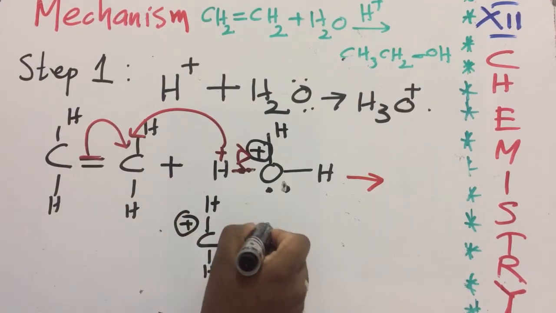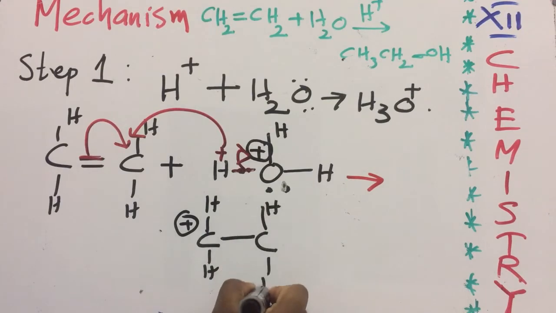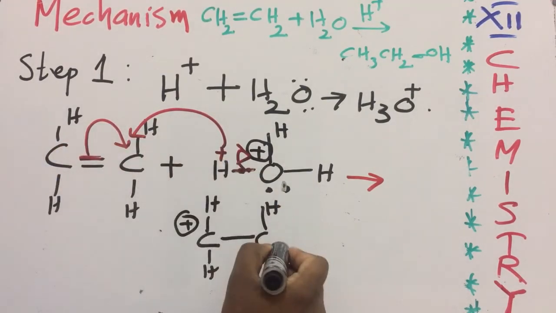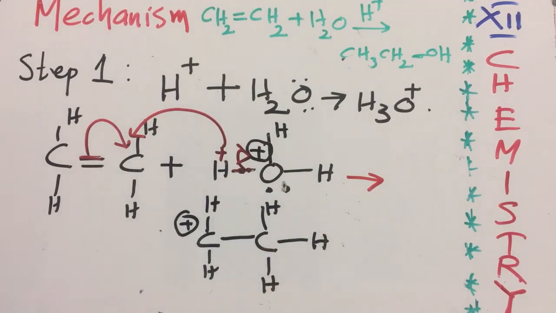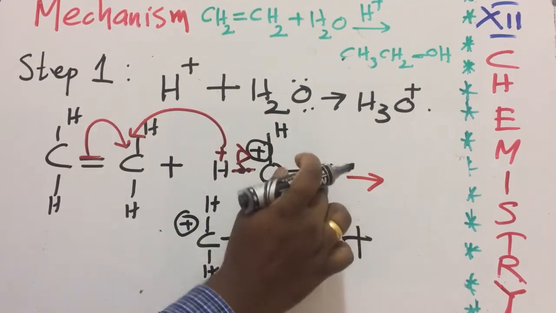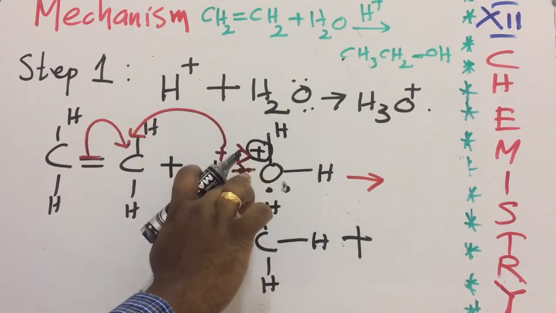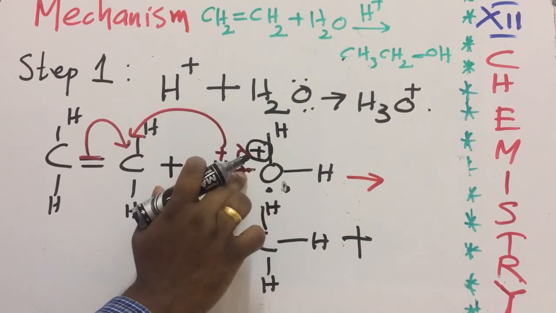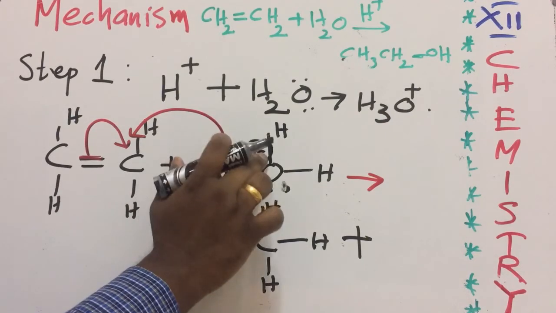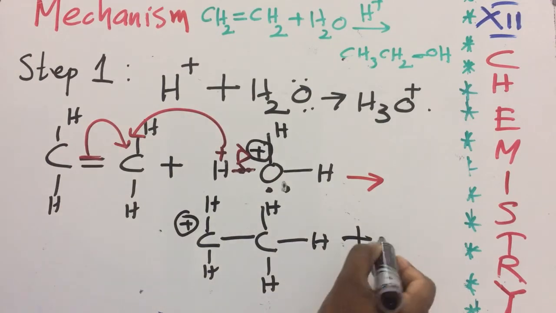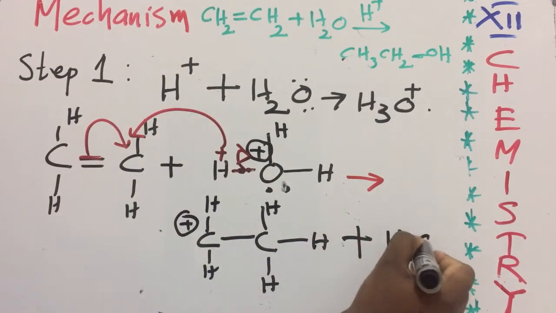Then single bond, H, H, here negative charge, then H, CH. What is the byproduct? H2O. The positive charge is nullified by the electrons from this single bond. So due to the shifting, the positive charge will be cancelled. Then you will get H2O as the byproduct.